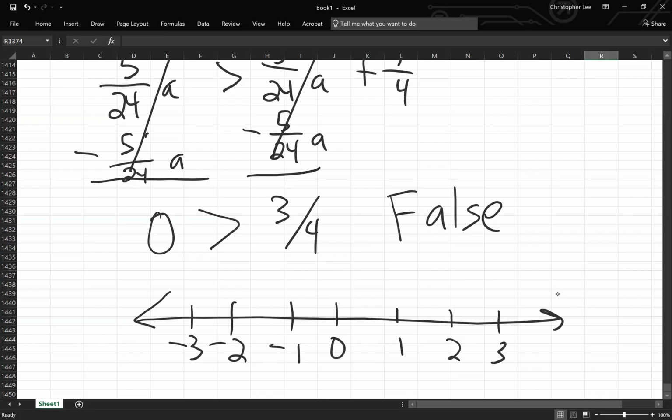Well, yeah, you could just scribble the line, just make it so that I can tell what's going on. So in this situation, this is a false statement. There's nothing to shade. In interval notation, there's no interval for me to give to you. This is it. That's the answer.